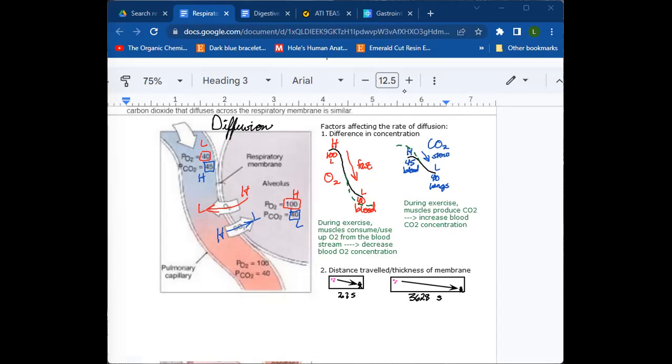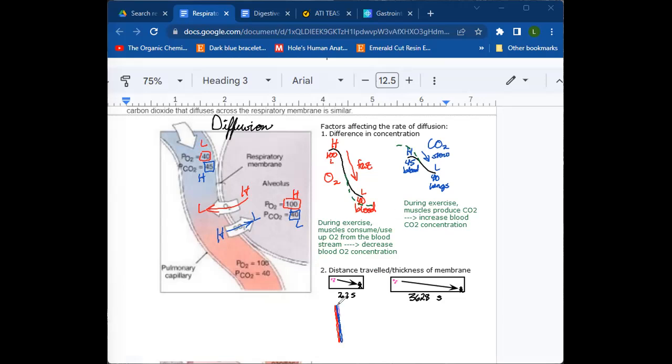Okay, so the way that this relates to the respiratory system and the gas exchange is because normally any kind of capillary is going to be made up of simple squamous epithelia. And simple squamous epithelia, those are very thin, flat cells. So around the alveoli, there are capillaries that have that simple squamous epithelia. And then always between two layers of cells, there's going to be a basement membrane.